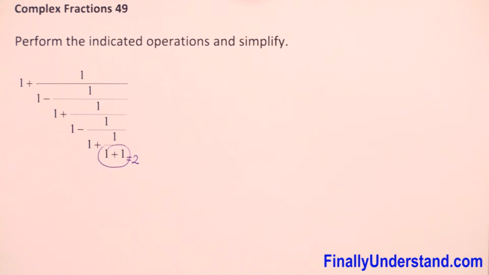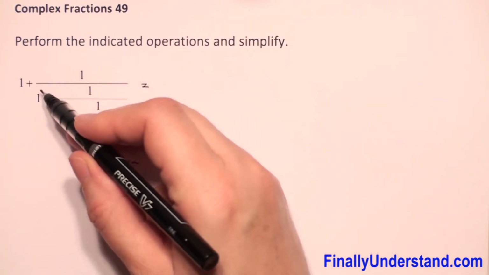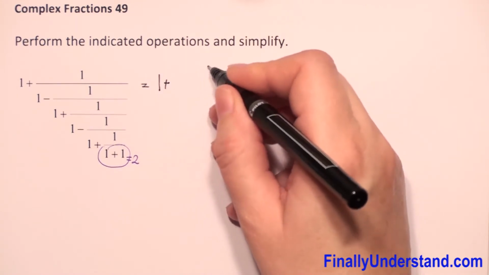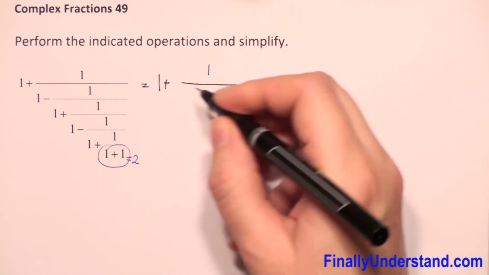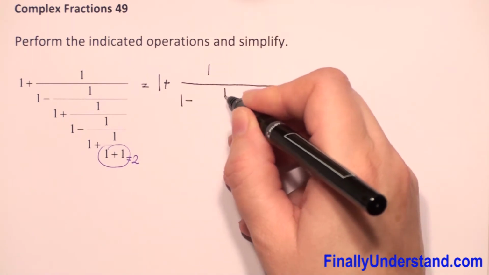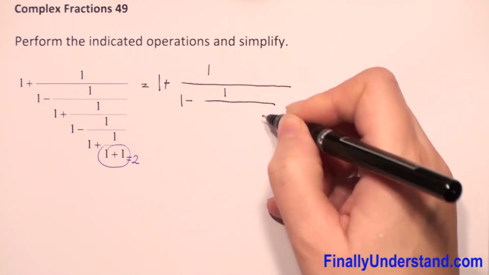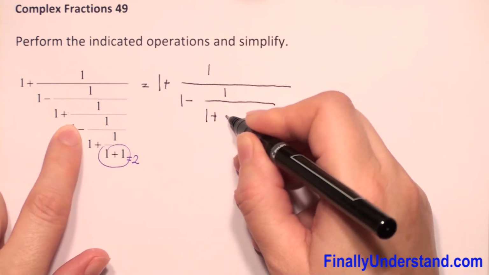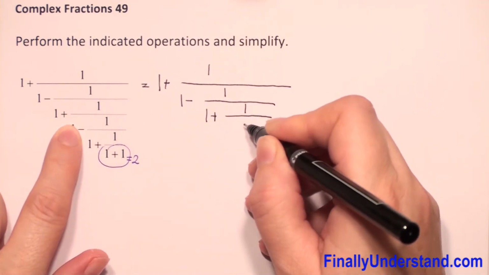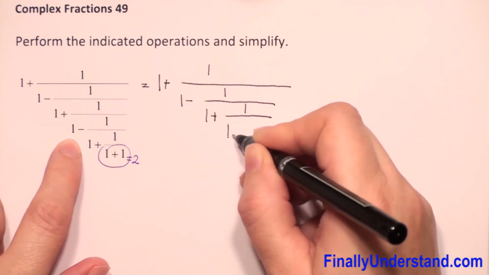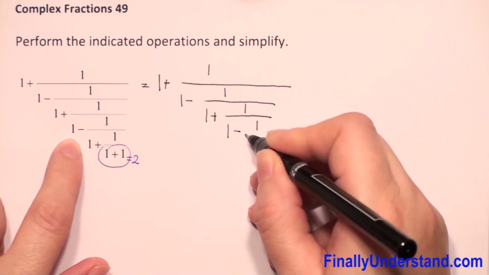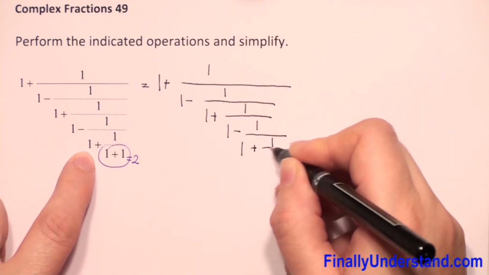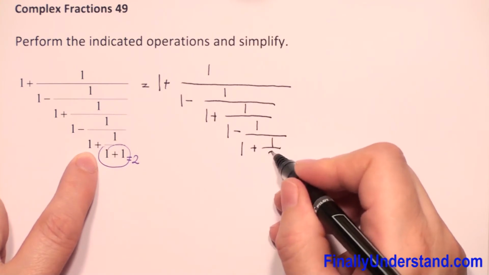Maybe let me rewrite from the beginning. This is the main fraction bar. So we have 1 plus 1 over, and we have 1 minus 1 over, and now in the denominator we have 1 plus, and again 1 over 1 minus 1 over, and we have 1 plus 1 over. 1 plus 1, like I said, is 2.